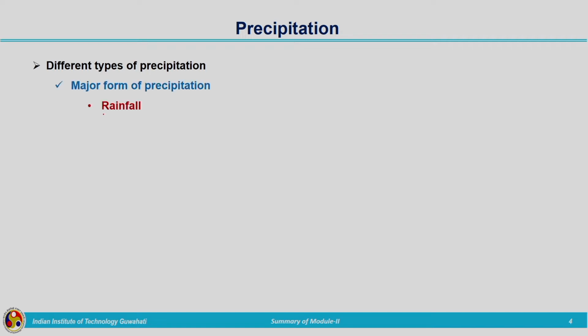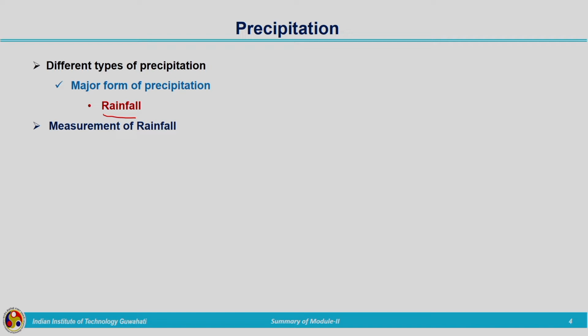The major form we found is rainfall. And then we moved on to the measurement of rainfall, and we understood one particular terminology known as fall velocity. Fall velocity is the velocity with which the droplets are falling. So, depending on the air velocity and the velocity with which it is falling, it may get taken up and also it can come down.